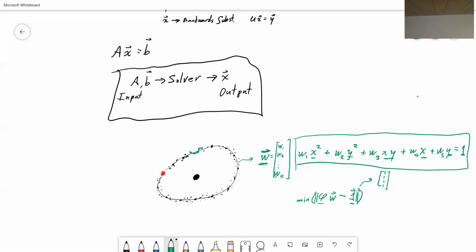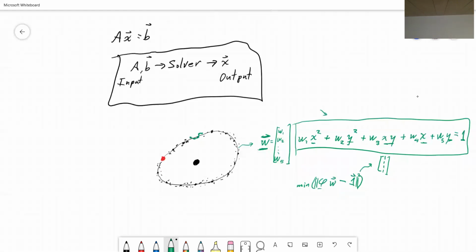All right. So this essentially means that we want all of our equations, phi times w, to be as close to 1 as possible, so as close to describing this ellipse as possible.